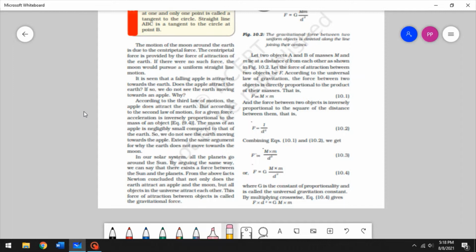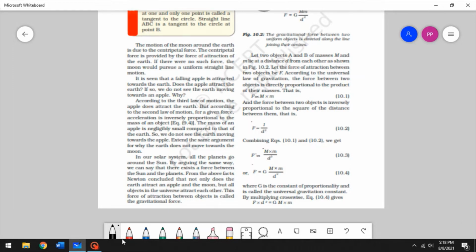Say the pen and the paper attract each other. Their masses are so negligible that you can't see it, but they attract each other. Similarly, your pen and a pencil attract each other. Similarly, maybe your desk and your chair attract each other, right? That's how every object in this universe attracts another object.